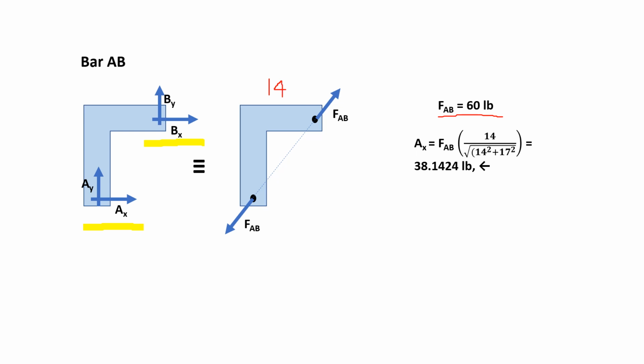The x component is 14, and in this downward direction, the measurement is 17. So, summing forces along X, AX would be equal to FAB times 14 all over square root of 14 squared plus 17 squared. And that would be 38.1424 pounds.